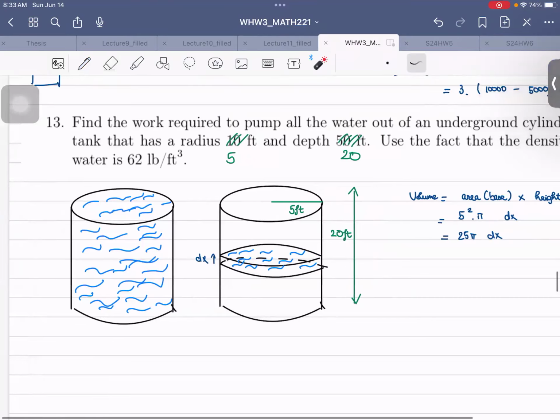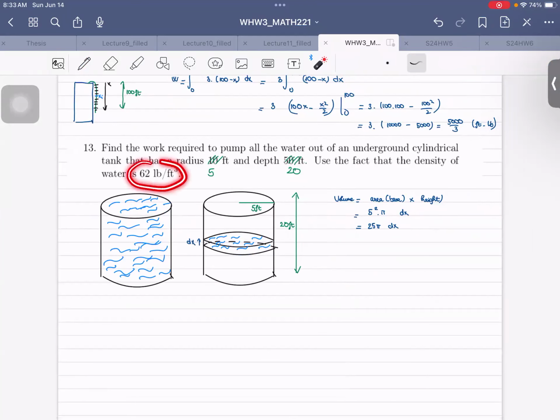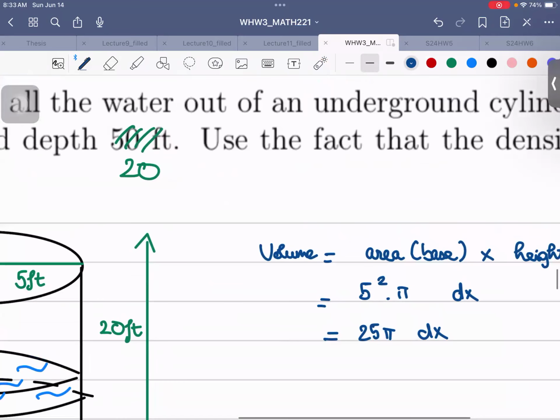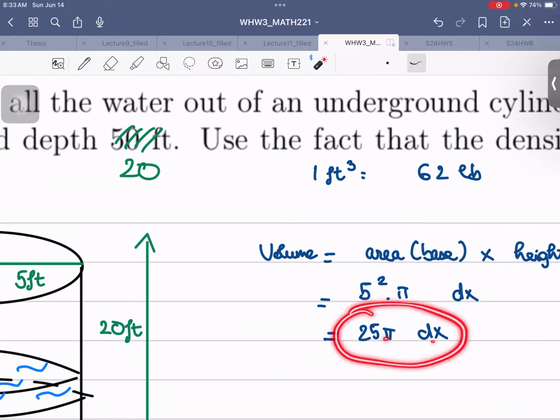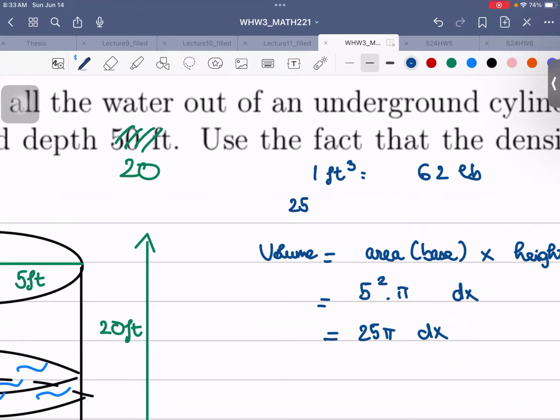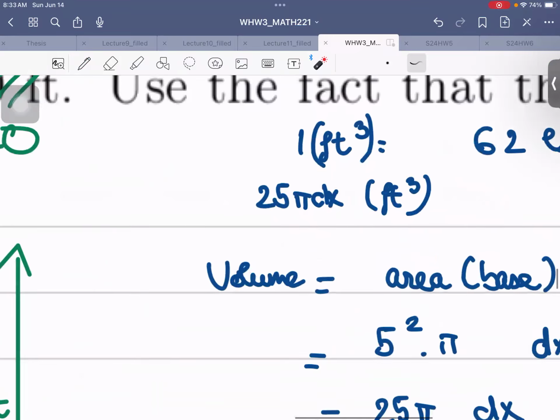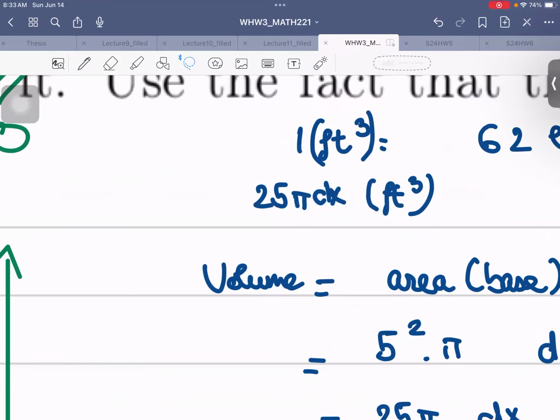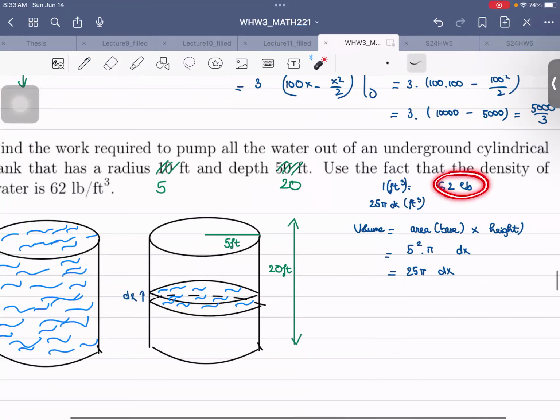The question gives us that the density of water is 62 pounds per cubic foot. So for 1 cubic foot, it weighs 62 pounds, and now you have 25 pi dx cubic feet. To find the weight, you just take 25 pi dx multiplied by 62 pounds.